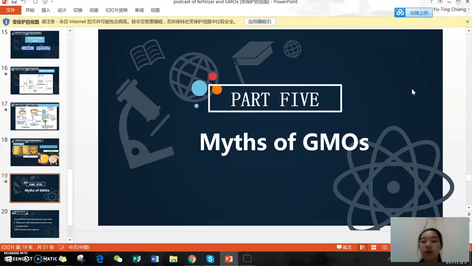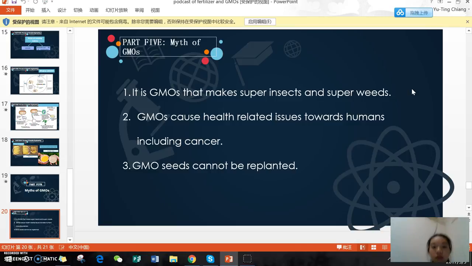And now we'll move on to the myths of GMO. Since it's a very controversial topic, and people see GMO as a new technology, even though it's not that new, society has a lot of questions about GMO, and from the controversial process, a lot of myths have developed, such as GMO makes super insects and super weeds, GMO causes health-related issues in humans, including cancer, and GMO seed cannot be replanted.